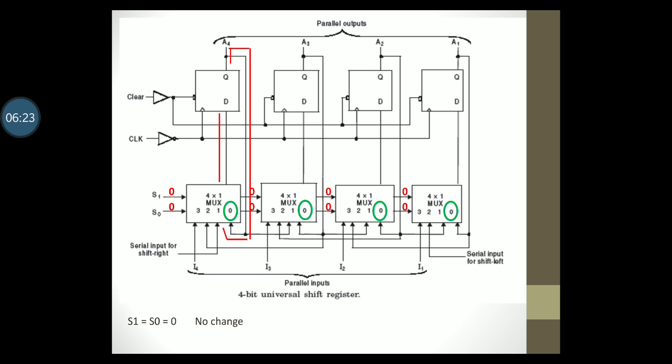So, basically the flip-flop transfers each binary value it previously held back as input, so there is no change in the output. Now, this connection is replicated for each of the other multiplexers as well.